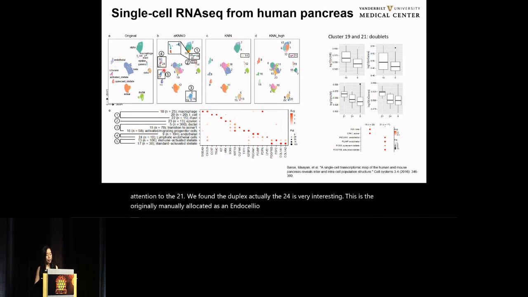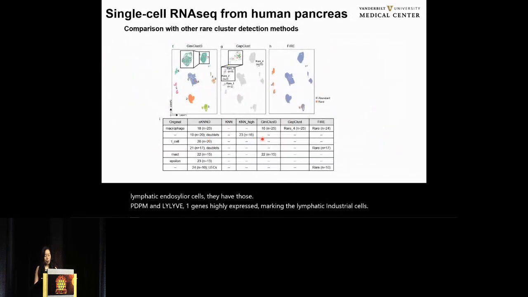We found that 24 is actually lymphatic endothelial cells. They have PDPN and LYVE1 genes highly expressed, marking the lymphatic endothelial cells. So this is how the three kinds of rare cell clustering methods are doing.